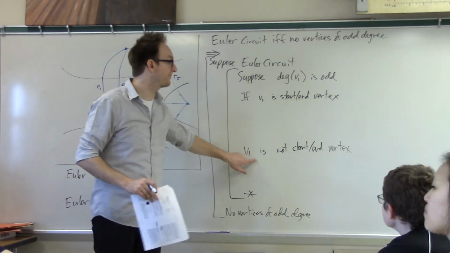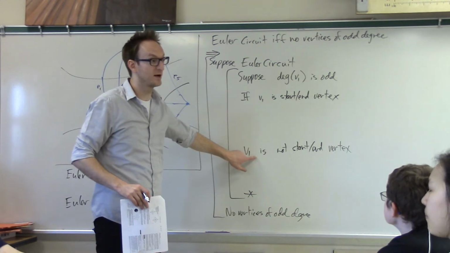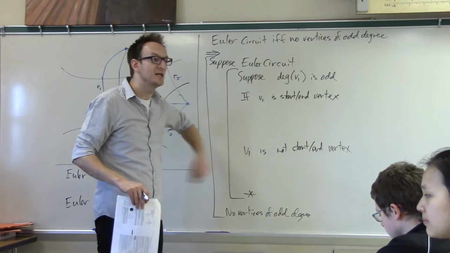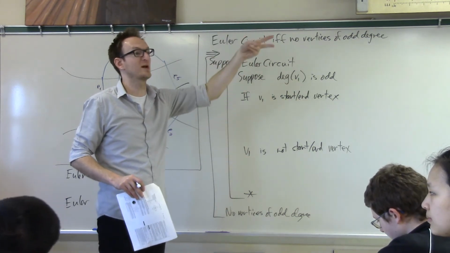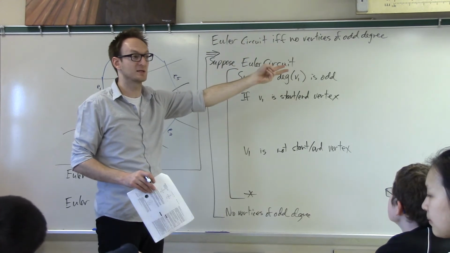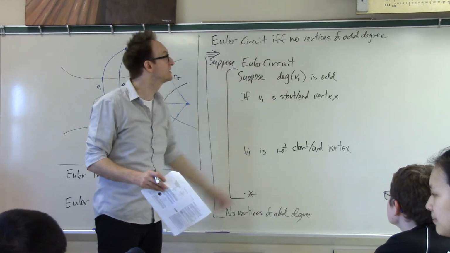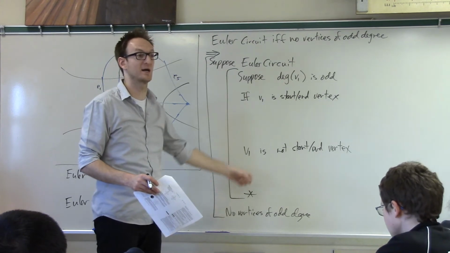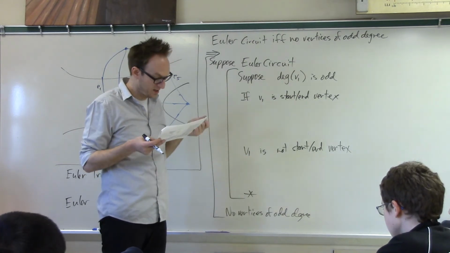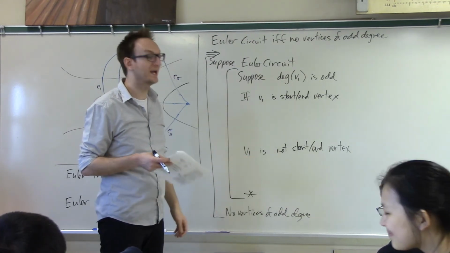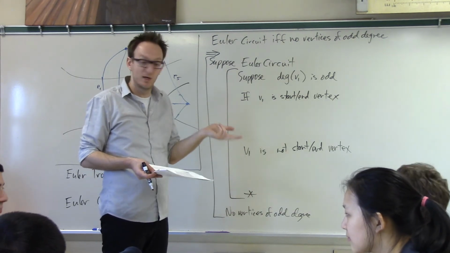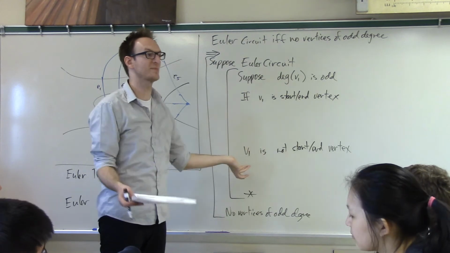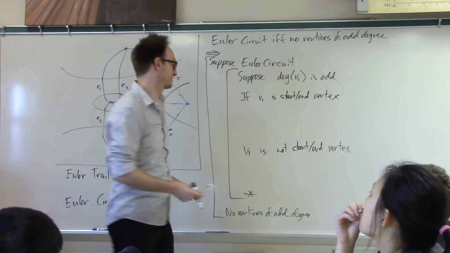If v1 is not the starting or ending point of the circuit, then each time we pass through vertex v1, we reduce its degree by an even number. And so it's just impossible to have that vertex being of odd degree, because we must use up all of the edges, but to use them up, we have to use up the edges in pairs.